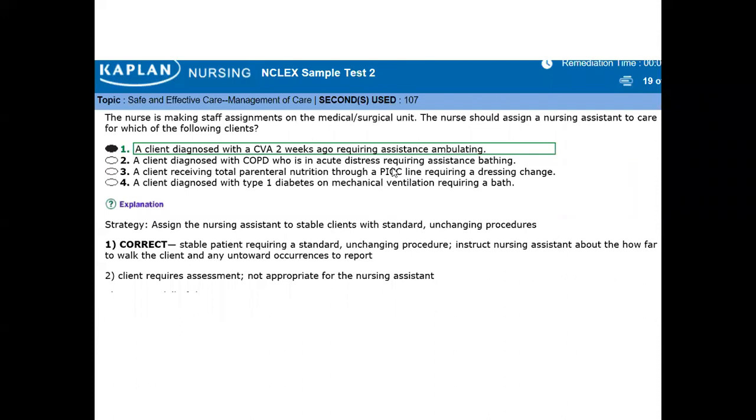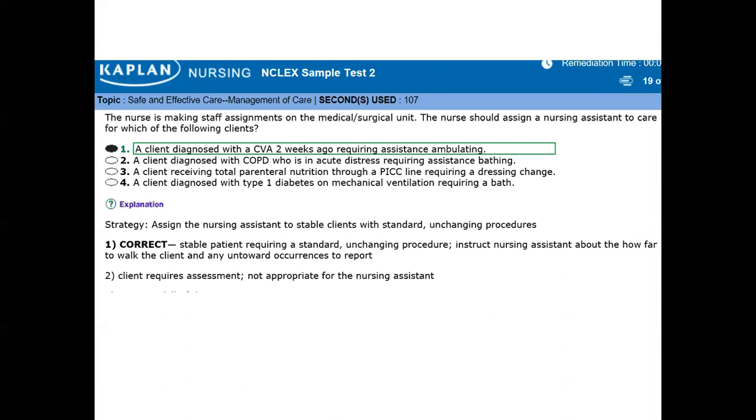When a patient comes to the hospital, the assessment is always supposed to be done by an RN. A patient who needs a plan of care, always RN. A patient who is most critical or unstable. A fresh post-operative client, always the RN is supposed to be there.